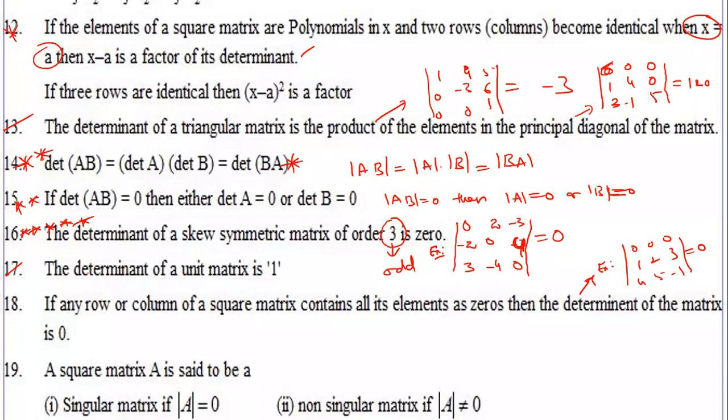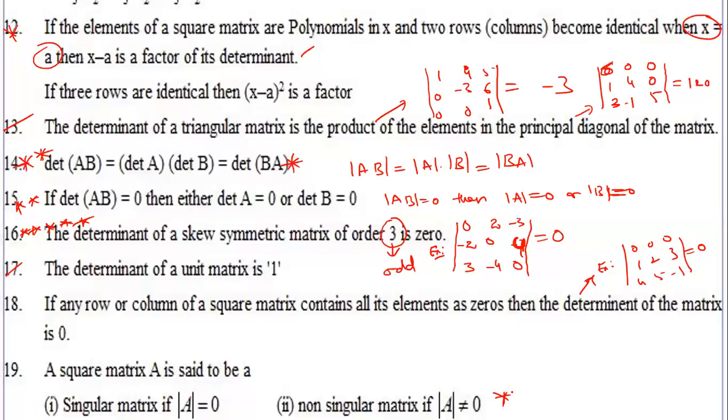19th property. Earlier we discussed. A square matrix A is said to be a singular matrix if its determinant is 0. A non-singular matrix is when determinant of A is not equal to 0. So these cases are very important.